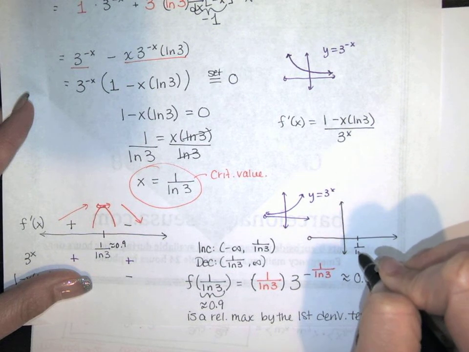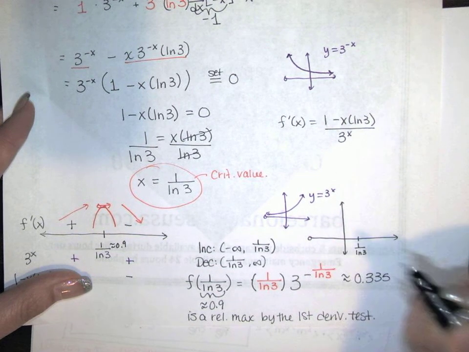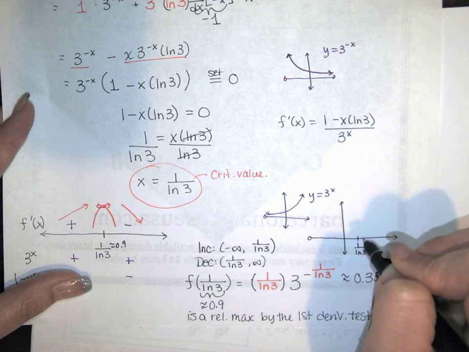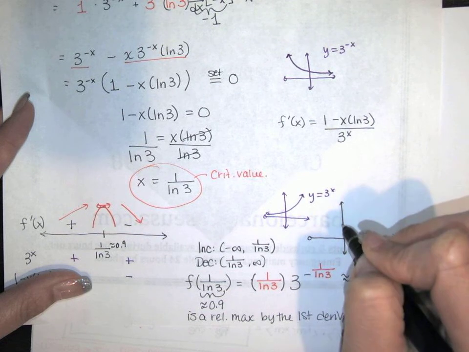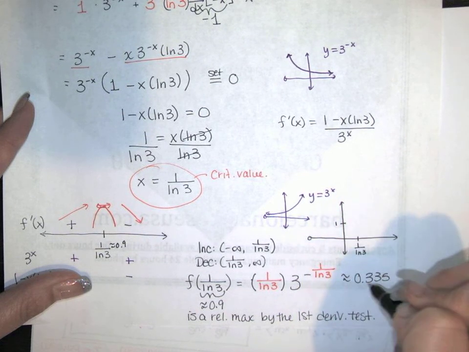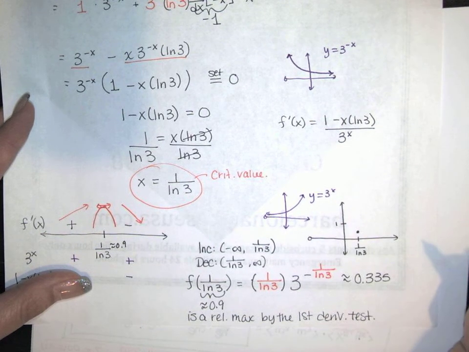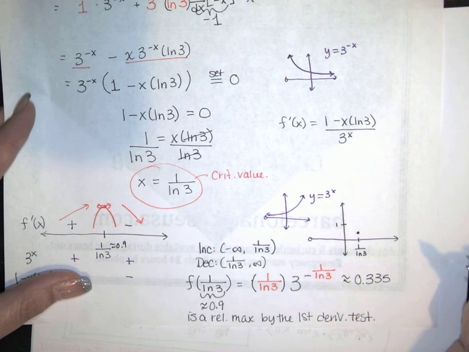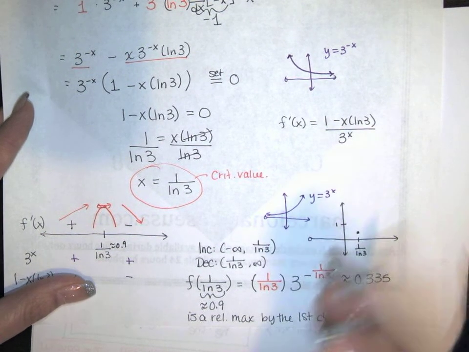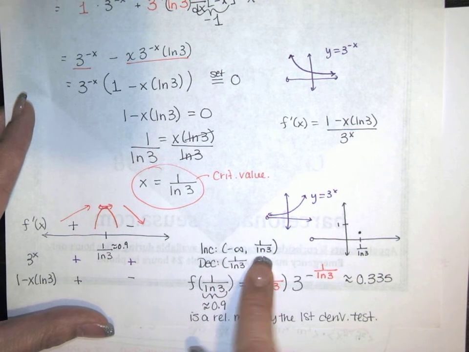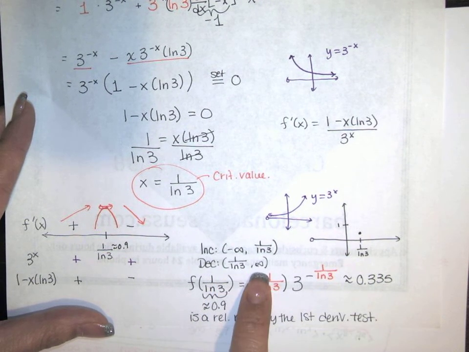So I'm just going to write 1 over natural log of 3, and that's about 1, and if that's about 1, this is supposed to be about 1/3, a little bit more than that. Well, I got 1 point on the graph. What else do we know? We know the function is increasing on the interval from negative infinity to that number, and it's decreasing over here.